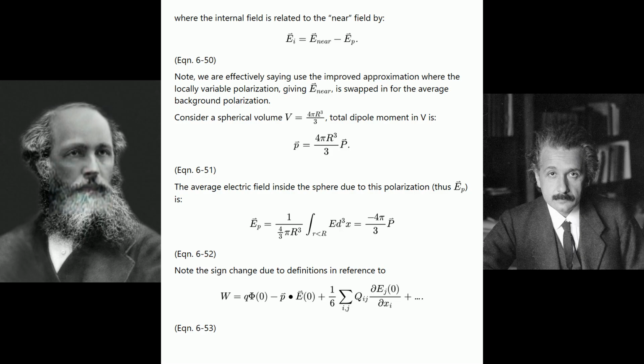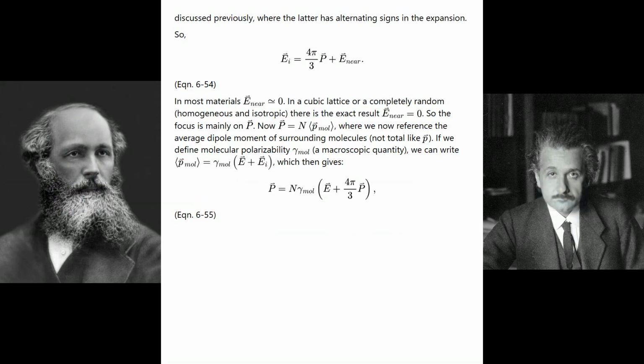Consider a spherical volume V equals 4 pi R cubed over 3. The total dipole moment in V is equation 6-51. The average electric field inside the sphere due to this polarization, thus E sub P, is equation 6-52. Note the sign change due to definitions in reference to equation 6-53, discussed previously, where the latter has alternating signs in the expansion.